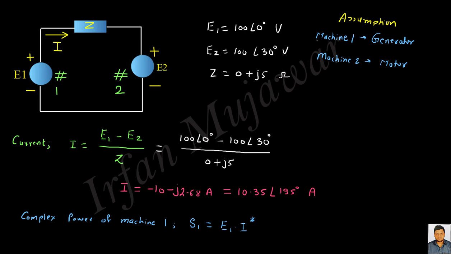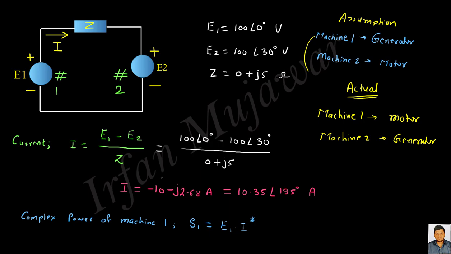Machine 1 is not a generator. Actual behavior: machine 1 is a synchronous motor which is overexcited, and machine 2 is not a motor, but actually a generator or alternator. We come to know this after checking the signs of P and Q.